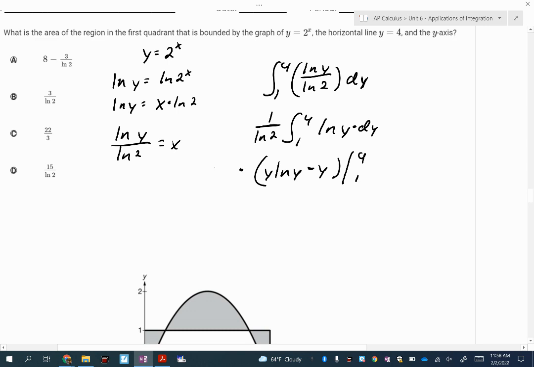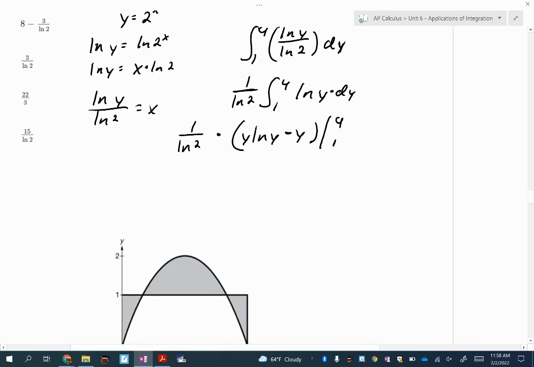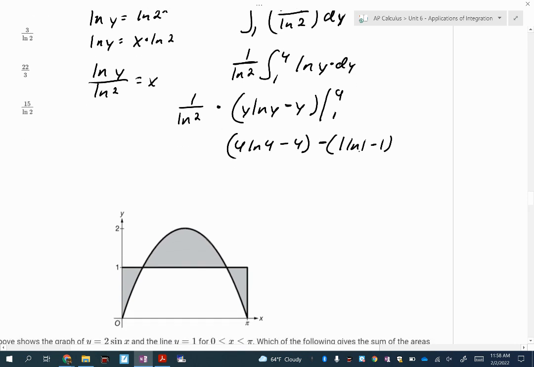Now don't forget, I will multiply all that by 1 over the natural log of 2 once all is said and done. So I have 4 times the natural log of 4 minus 4, minus 1 times the natural log of 1 minus 1. All right? So that's going to be 4 times the natural log of 4 minus 4.